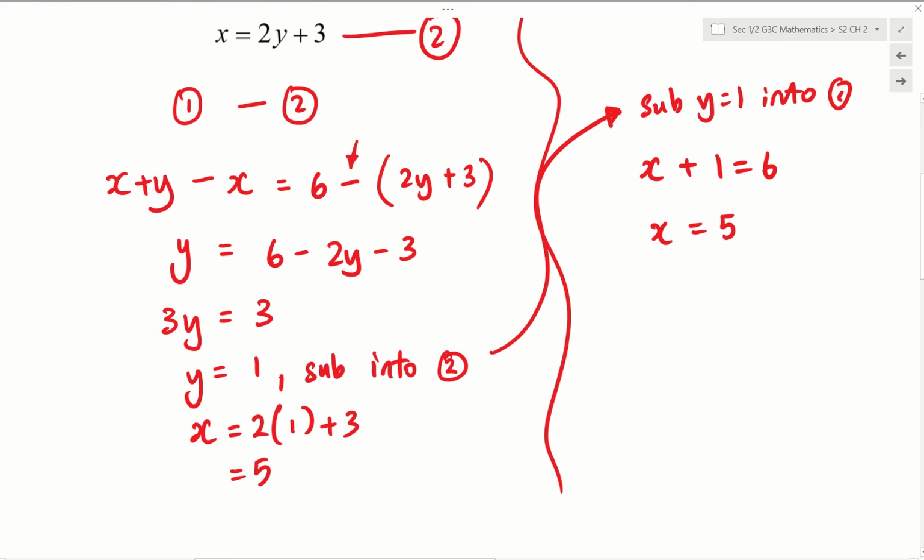Keep reminding yourself why this is happening, because in the graphical method, when you draw two lines, we are actually looking for the point of intersection, which means that that point has the same x and y value existing at the same time on both equations, on both straight lines.